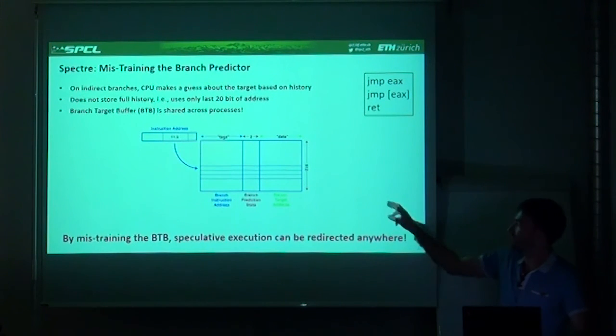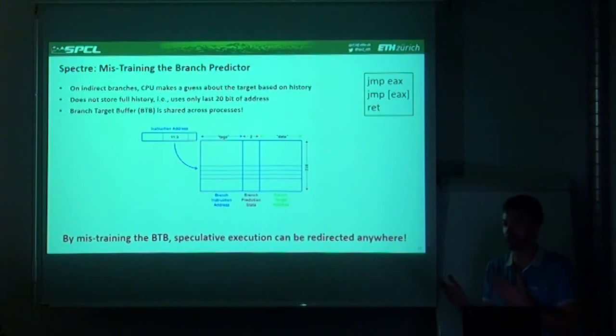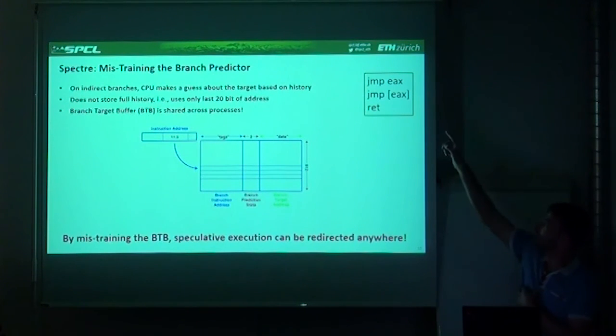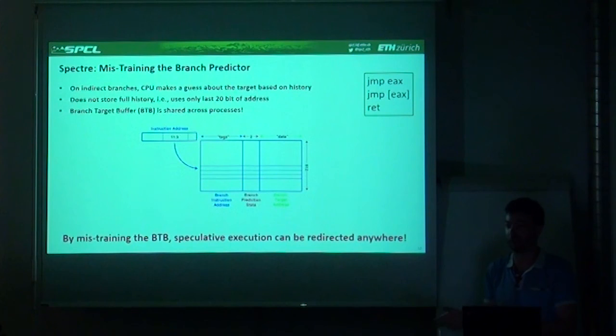Now, we can use the fact that this branch predictor is not flushed if we change processes. We can have one process that knows about the address in the other process and trains this branch predictor in the right way, and we can basically force speculative execution to go anywhere. If we have this kind of instruction in a known place, it's not like return-oriented programming, right?